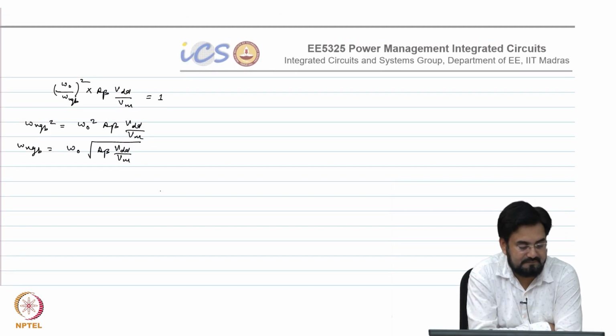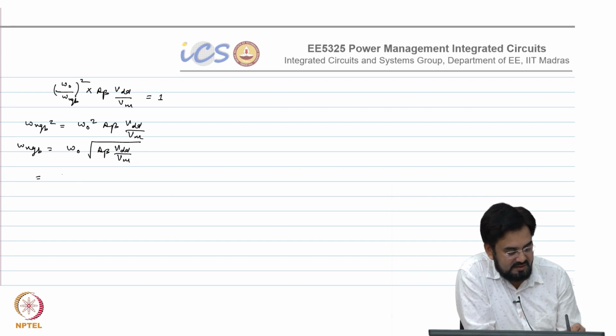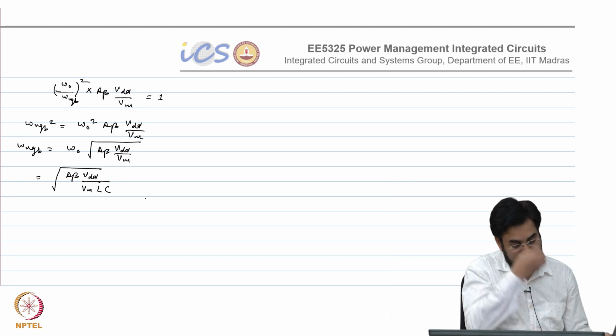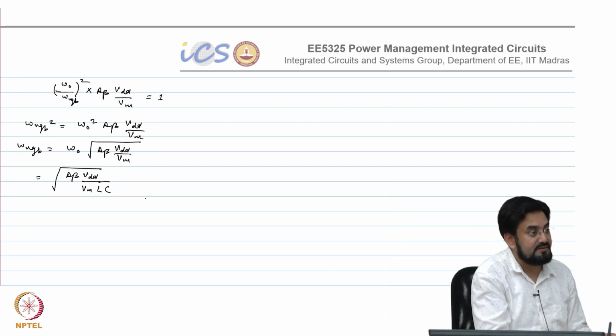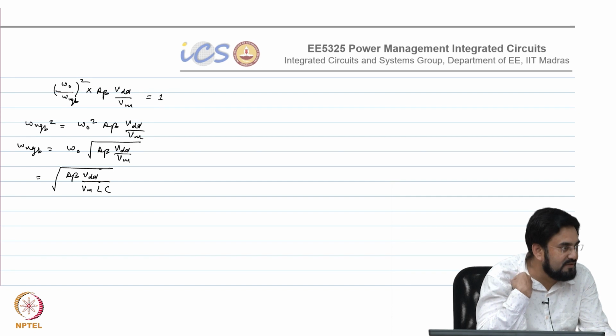So, if you know omega naught, and omega naught is nothing but 1 over square root LC, we can find the omega UGB for this.